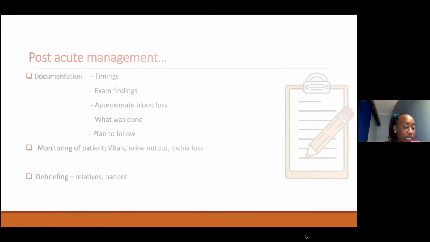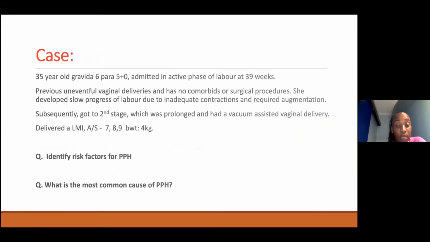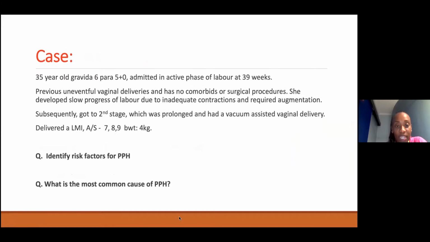So let's quickly go through a case which I hope, through the presentation, you should be able to at least give me some answers to. This case is of a 35-year-old, gravida 6, para 5 plus 0, admitted in active phase of labor at 39 weeks. She's had previous uneventful vaginal deliveries with no comorbids or surgical procedures.